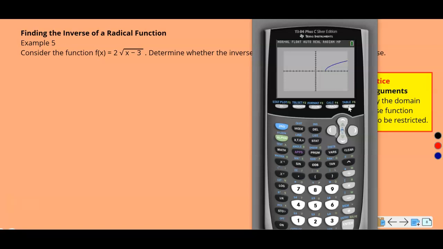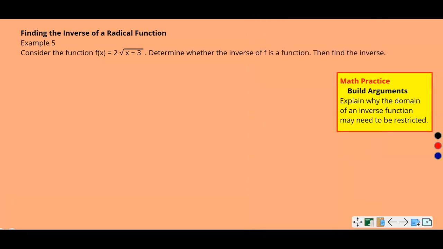And this is a transformation of the parent square root function. So remember, the parent square root function is just f of x equals the square root of x. But this is a transformation, and we can see that it does pass the horizontal line test. So because it passes the horizontal line test, that means it is one-to-one. And that means that the inverse is a function.